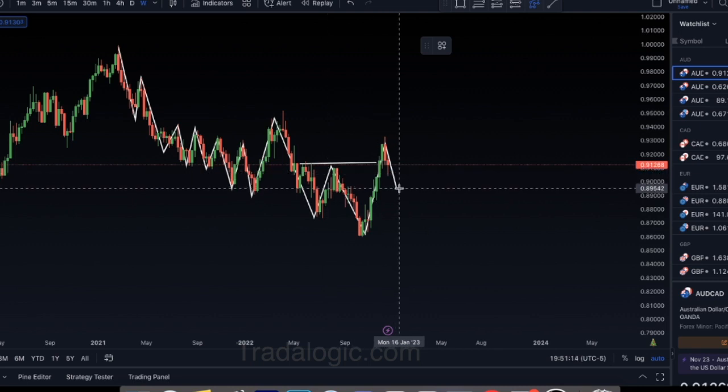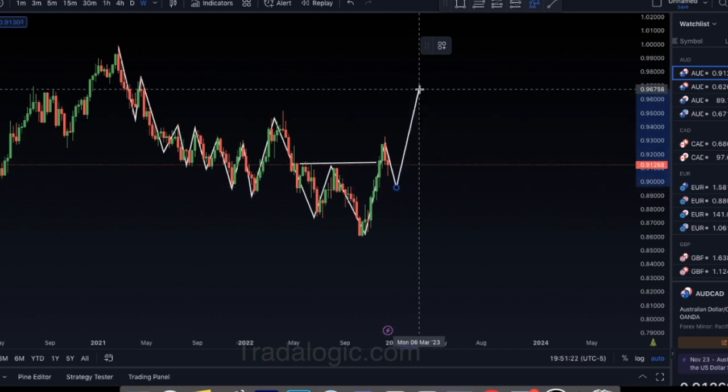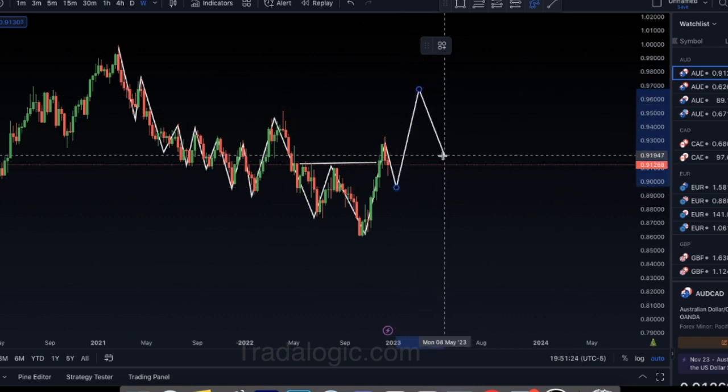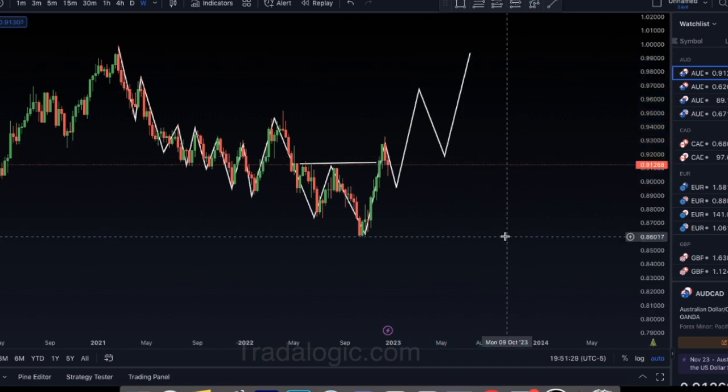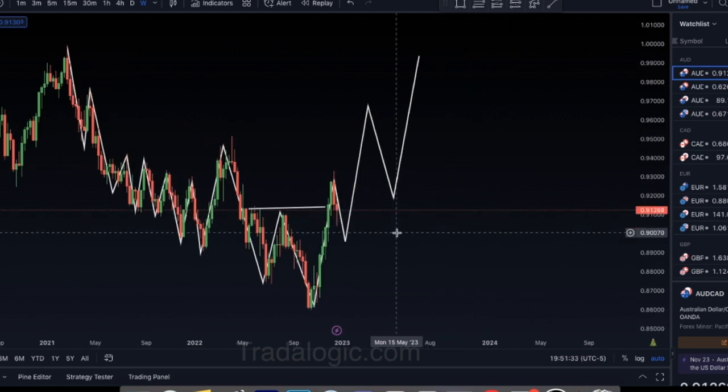The only time I'm gonna consider this a break of structure and an actual shift of structure is if we push past this high and then we create a lower high right here. Then I will actually start changing my bias to bullish. But this is a weekly time frame.